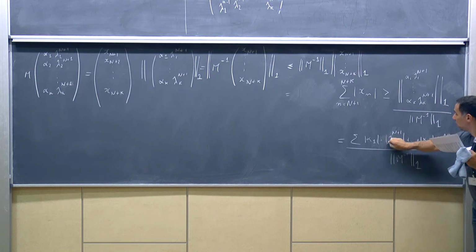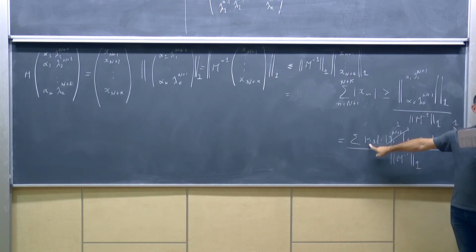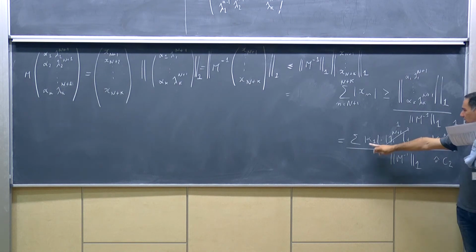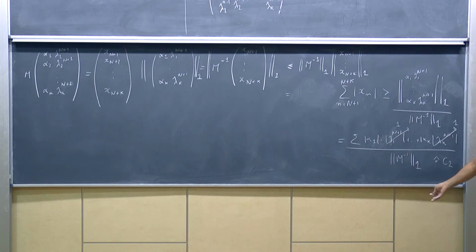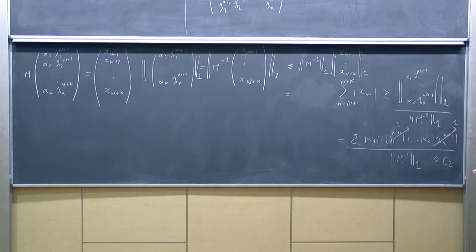But these lambda terms have absolute value 1. So I just have the summation of the absolute values of the alphas, and this is what I call my C2. These alpha i are just not 0 themselves. Does this make sense? Okay, we're happy with that.